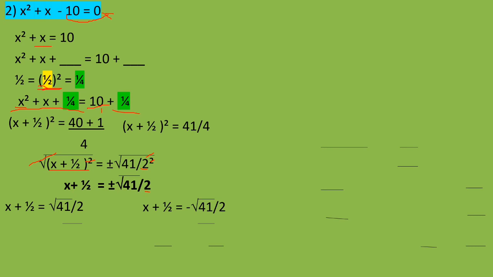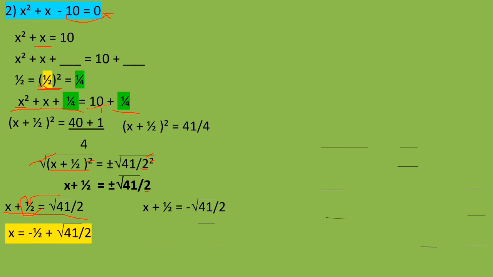So, unahin natin ang positive sign. Ilipat natin si positive 1 half sa kabila. Kaya meron na tayong negative 1 half. Alalahanin natin na kung maglipat tayo kahit anong term sa kabila ng equal sign, lagi nating papalitan ang kanyang sign. So, negative 1 half plus square root of 41 over 2.